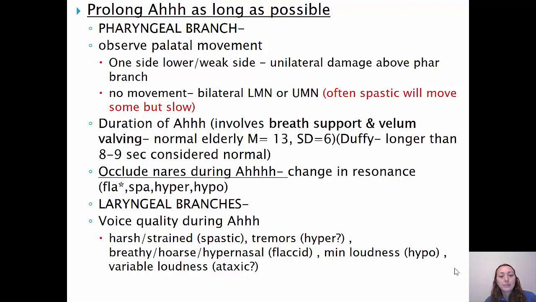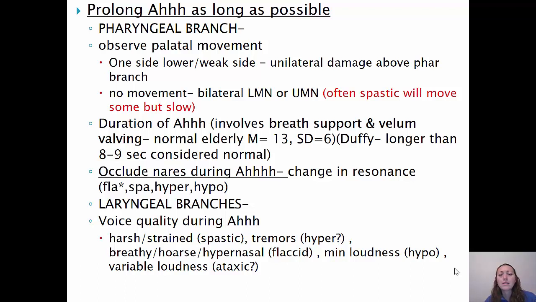So I have some norms there, and there's quite a bit of variability. Just like in voice, there's quite a bit of variability with some of these norms for maximum phonation time, habitual pitch, etc. The same is true for motor speech and dysarthria. So for normal elderly males, we're thinking about that 13 seconds might be within normal limits, but the standard deviation of 6 means plus or minus 6, which is quite a bit of variability in seconds.